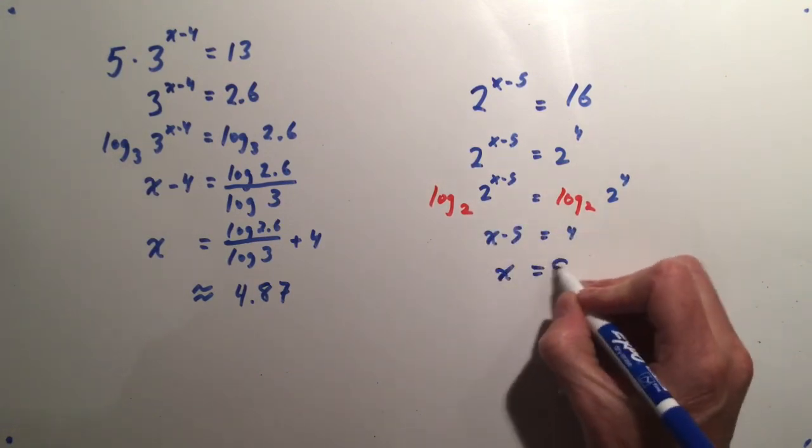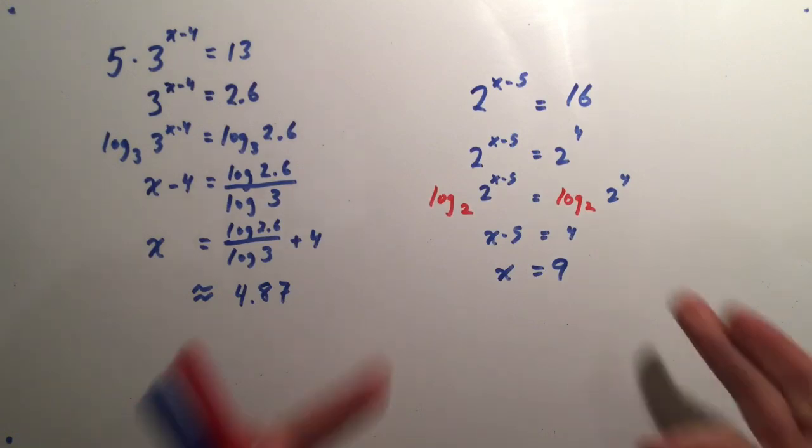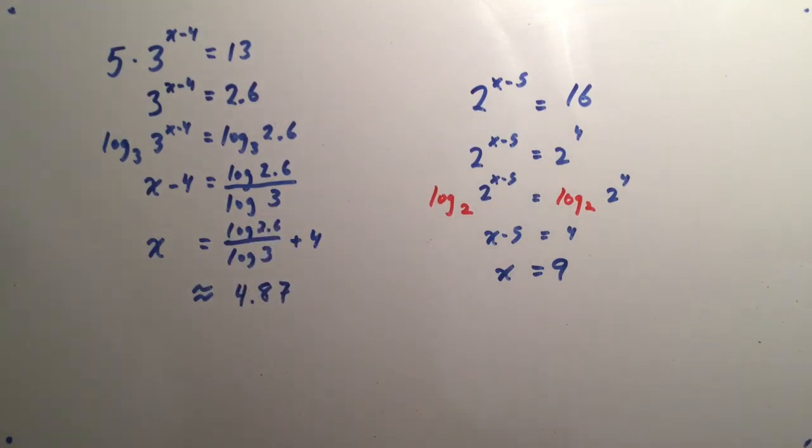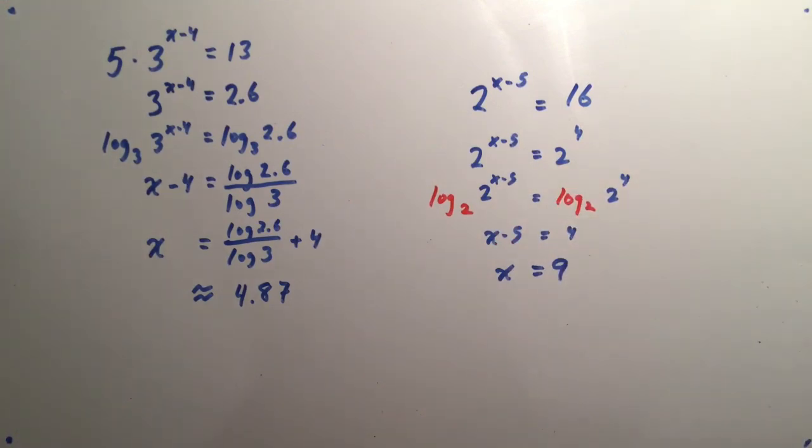Adding 5, we get x equal 9. Even though it seems to be a little sneaky method that we're using, we're actually using inverse operations. We're taking log base 2 of both sides of the equation to get us from an exponential equation down to a nice, easy linear equation.